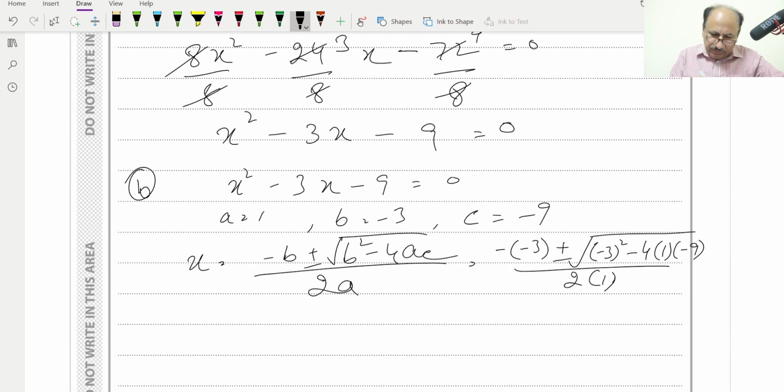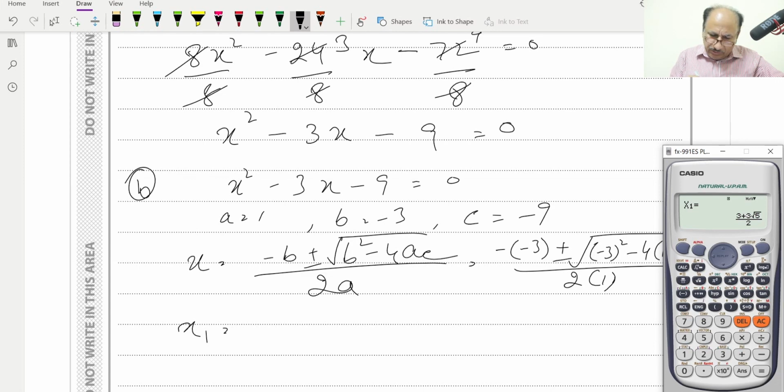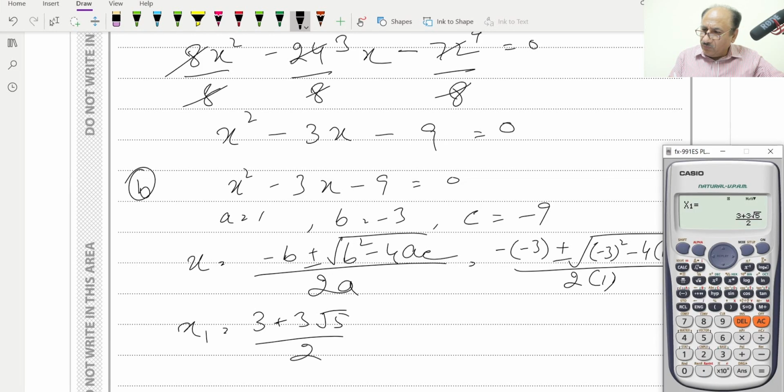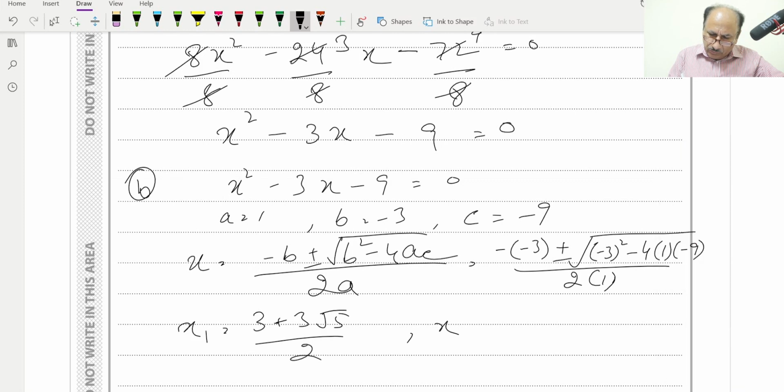So we can directly write x1, which we have calculated, as 3 plus 3 under root 5 over 2. This is one value, and the second value will be x2 is equal to 3 minus 3 under root 5 over 2.